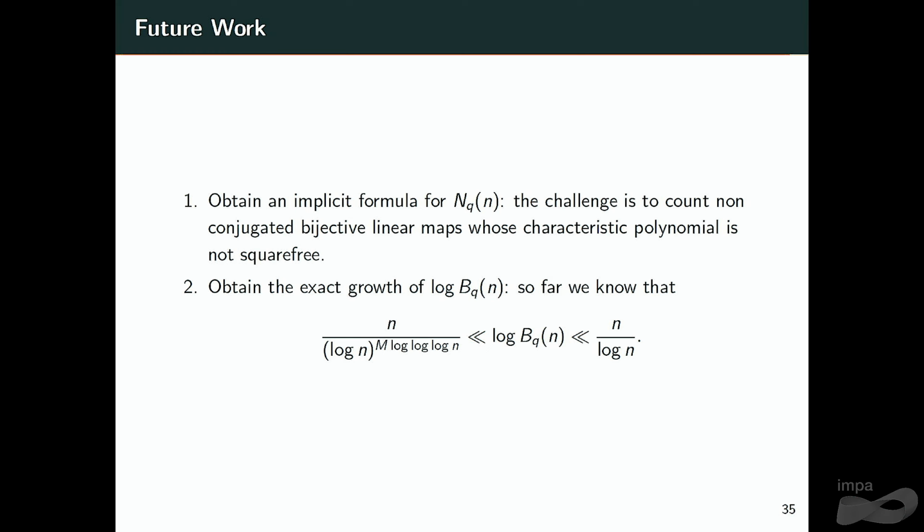So the next step would be to go to this one log scale, right? So log of BQN. And basically the upper bound is this one. This was known since Brady and Ba. And then we obtained this lower bound, right? So it would be nice to get the exact growth of this function.